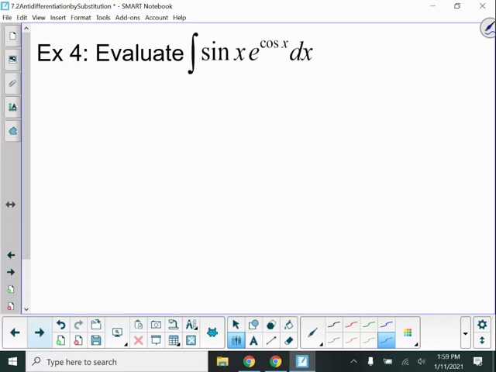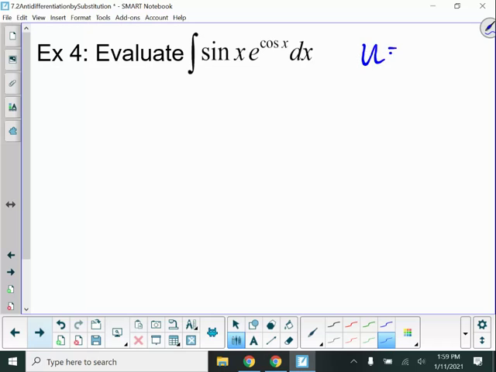Typically in a problem like this, unless you have multiple e terms, the whole e to whatever exponent is not going to be a u value. Typically your u value might be part of one of your trig functions. If you have a square root, it might be something that's in the square root. It's just something that might take a little bit of practice until you master the art of figuring out what terms make the better u substitutions here.